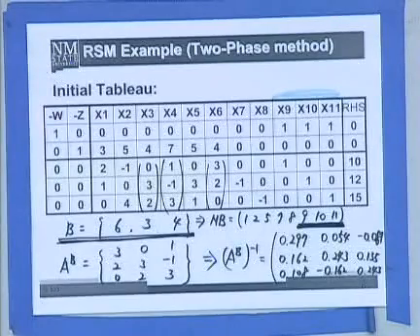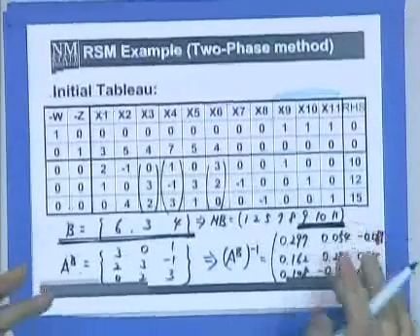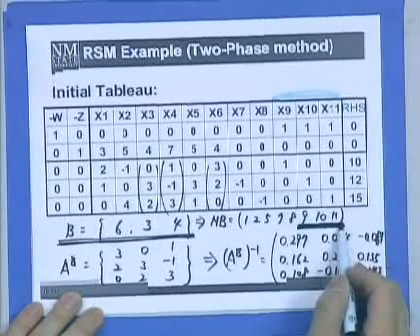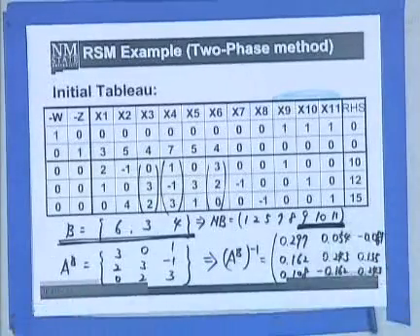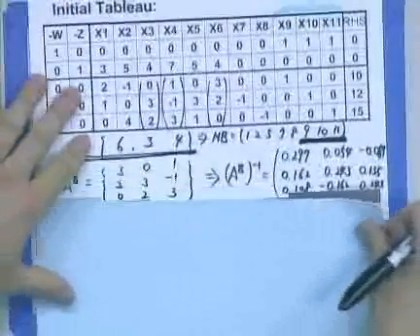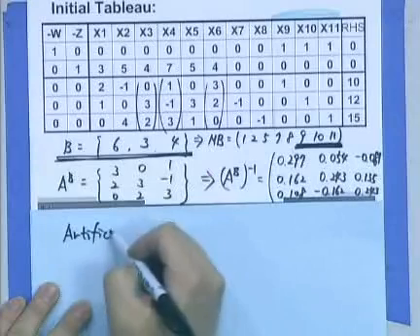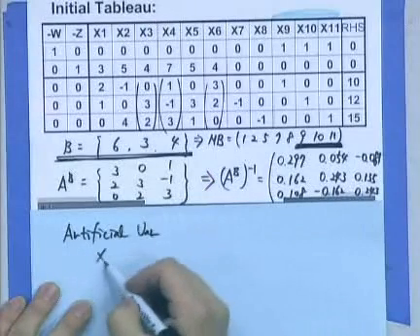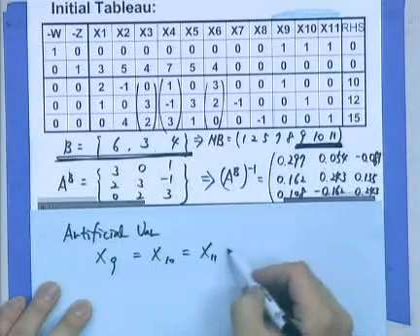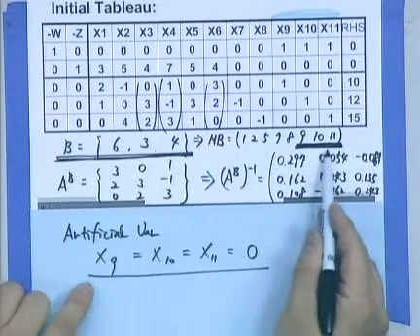Which means we've already completed phase number 1, right? Because the artificial variables x9, x10, x11 are 0, because all of them are non-basic variables, right?